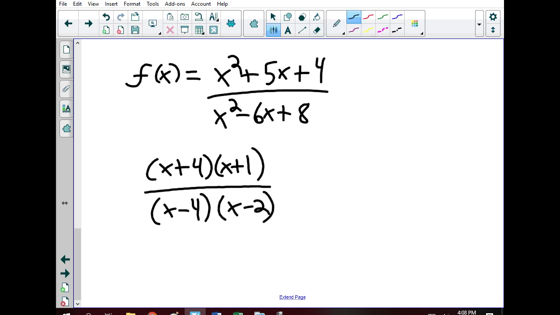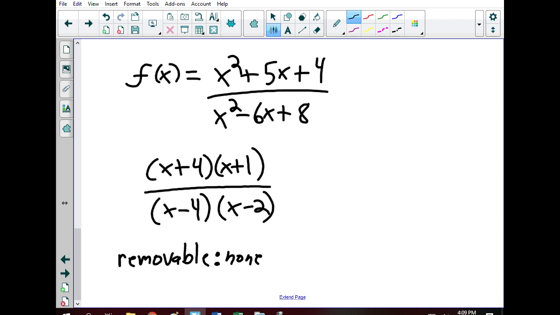Now, I should be very careful here because in this problem, there aren't any common factors that can be canceled out, because x plus 4 and x minus 4 are not the same thing. So they don't cancel. So nothing cancels. So since nothing cancels, you don't have a removable discontinuity because you didn't remove anything. So your removable was none. You didn't have one.